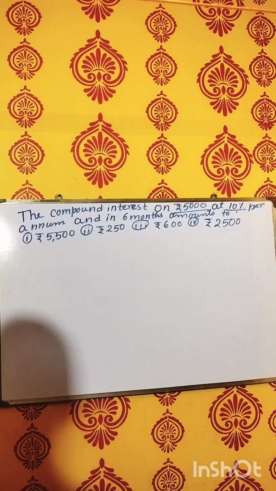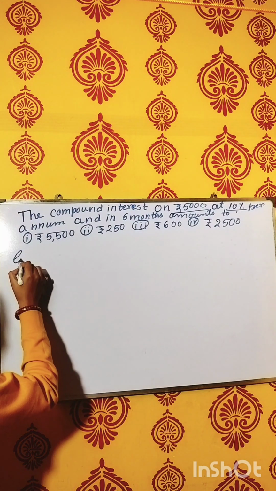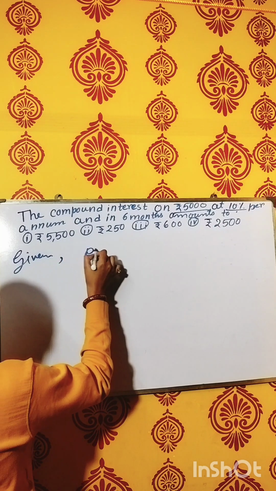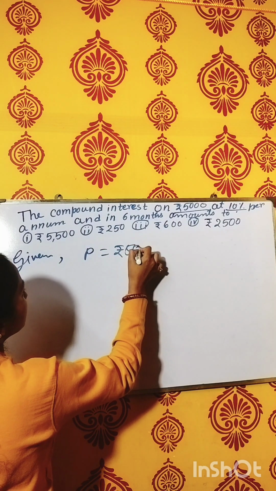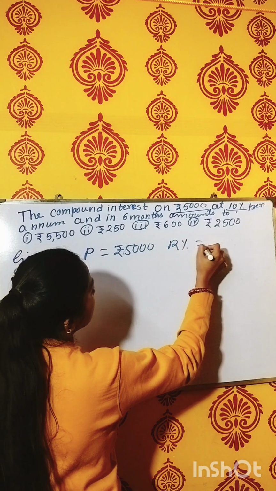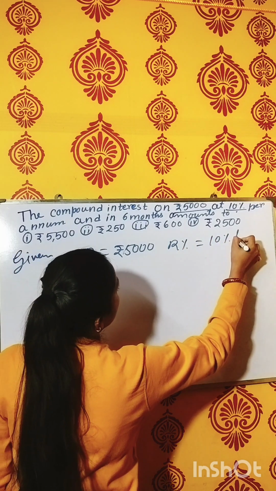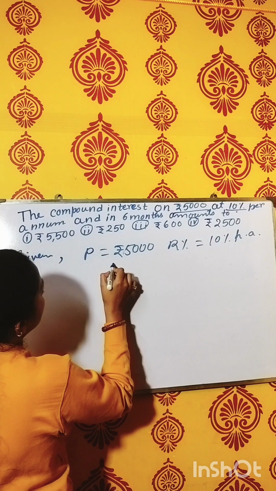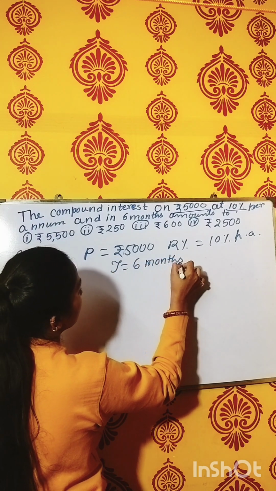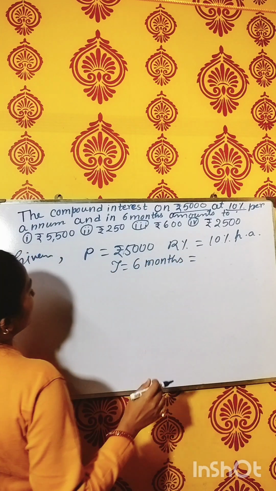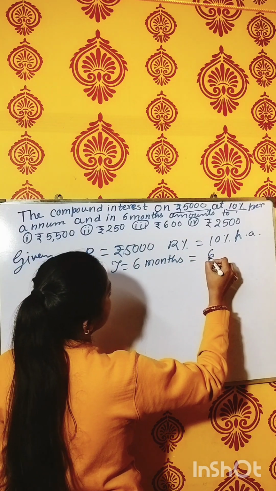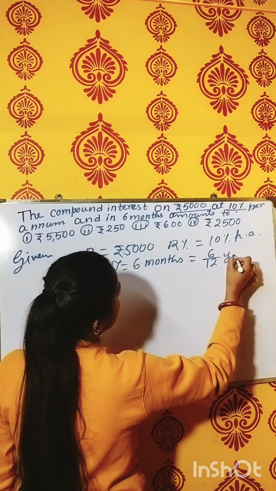So now we can write the given data. Principal is equal to ₹5,000. Rate percentage R is equal to 10% per annum, and the time is equal to 6 months. As I want to convert it into years, that means 6 divided by 12 here.